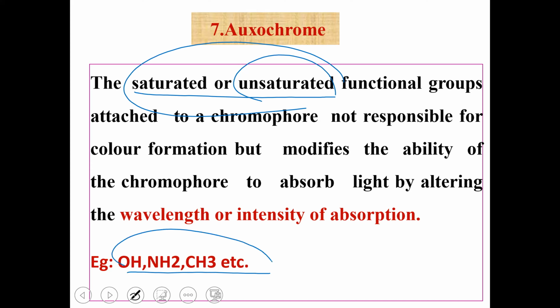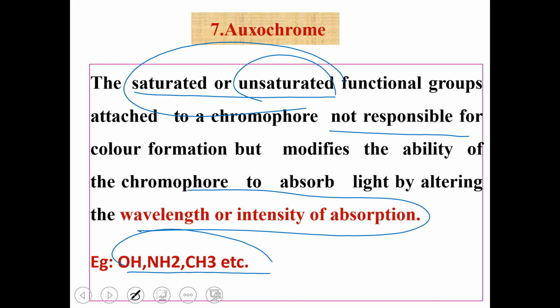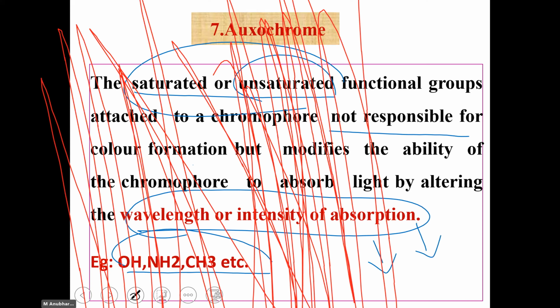Oxochromes are groups which may be electron donating or electron withdrawing, which are not responsible for the absorption, but they can alter the absorbing capacity or the wavelength. For example, if your absorption is more, they can decrease the absorption. If it is high wavelength, they can decrease the wavelength, or they shift the wavelengths based on various factors.